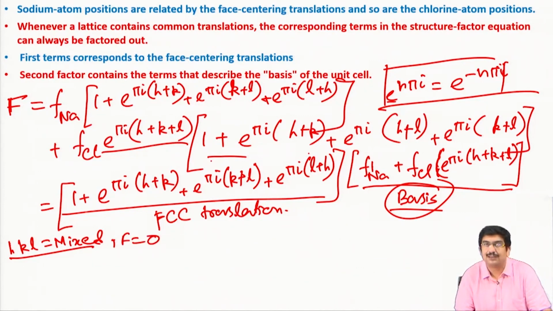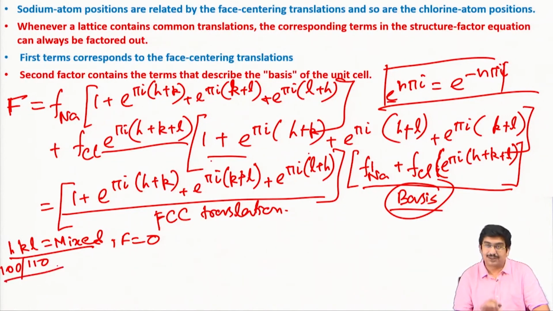So, for the HKL mixed condition, we will not get any intensity for that particular plane. For example, we will not get anything from 110 or from 100. In that way, it is the same as normal FCC, right.